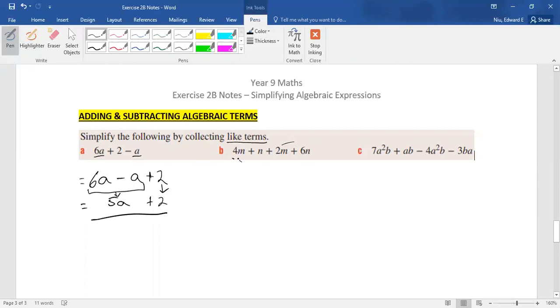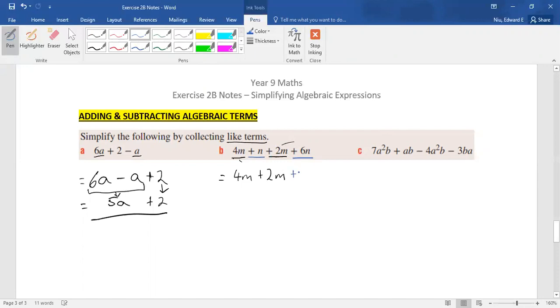Alrighty, let's take a look at example B. We've got 4m and positive 2m. These two are like terms. So let's rearrange this: 4m plus 2m. Let's switch out to a different color. Then we have positive n and positive 6n.